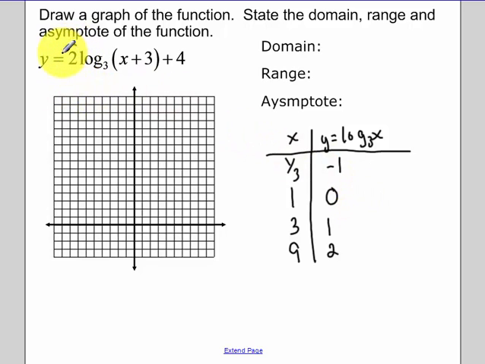The only difference here now is we have a stretch in the y direction because it's outside the function. So I'm going to multiply all of these y values by 2. And multiplying all those by 2, I'm going to graph each one of these points, and then I'm going to translate them left 3 and up 4.